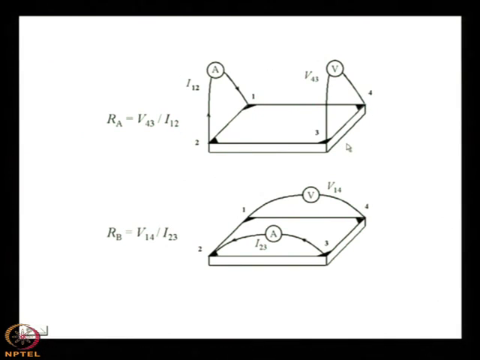So, all the time you have to take the data for the forward as well as the reverse polarity. The two configurations just change the direction of the current. Why do we want to change the direction of the current?